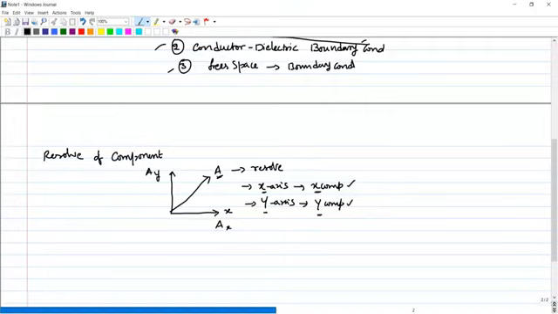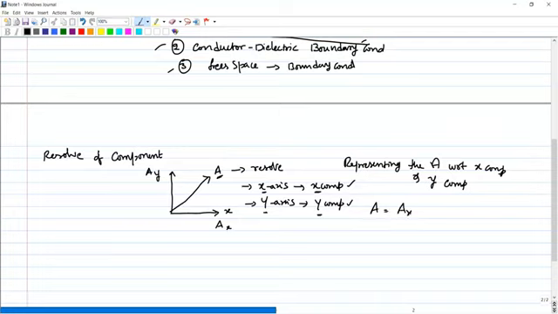Representing the vector A with respect to the x component and y component, A will be Ax plus Ay.